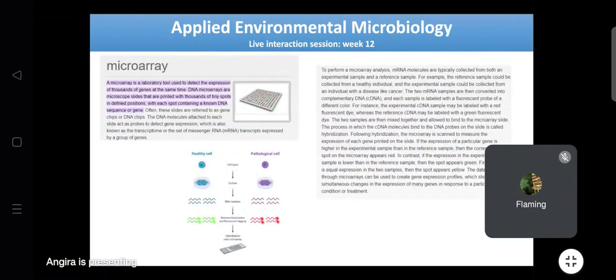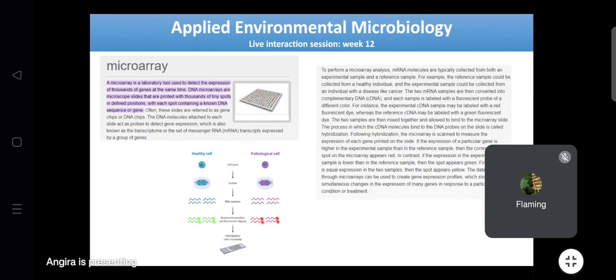Now the third option was microarray. So what is microarray? It is basically a laboratory tool that is used to detect the expression of thousands of genes at a given time. Now DNA microarrays are basically microscopic slides in which thousands of tiny printed spots are present at defined positions.